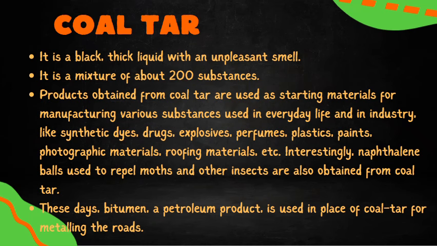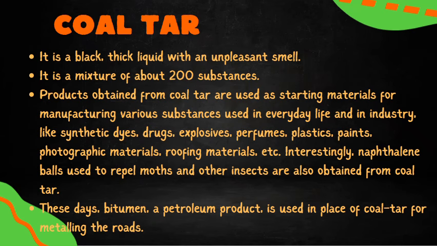Naphthalene balls, which are used to repel moths and other insects, are also obtained from coal tar. These days, bitumen, a petroleum product, is also used in place of coal tar for metalling the roads.